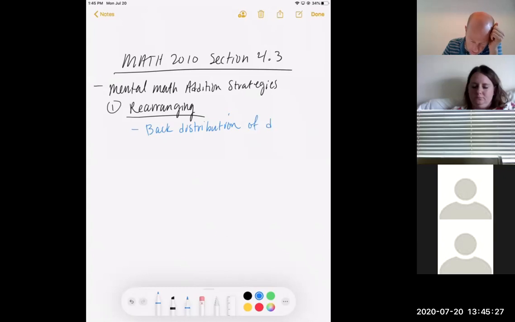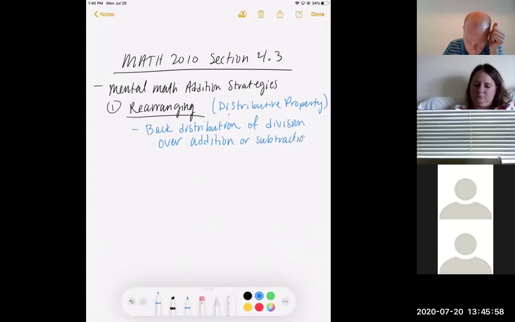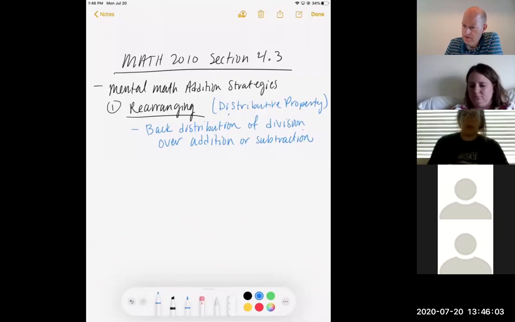So we're using the distributive property. So it's back distribution of division over addition or subtraction. And this is the one that we use most often when we divide mentally.